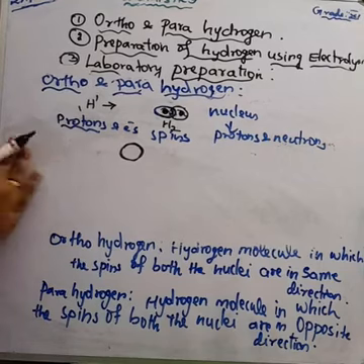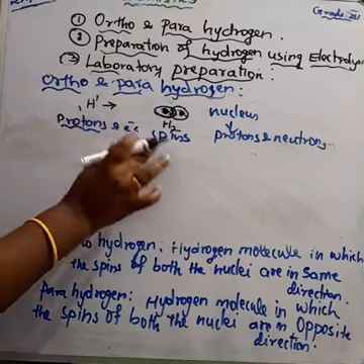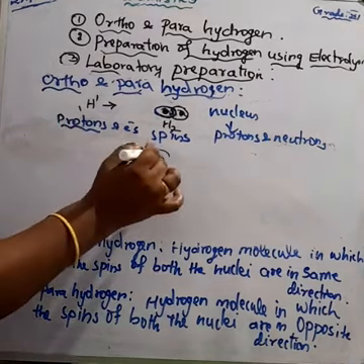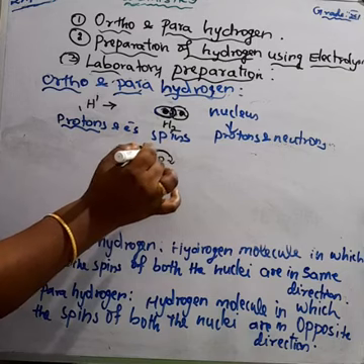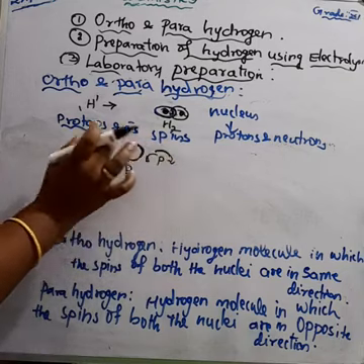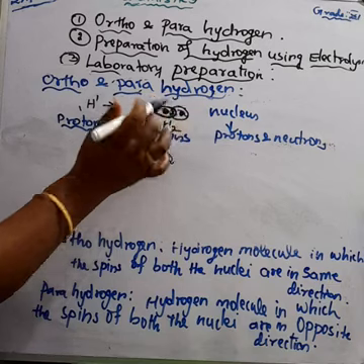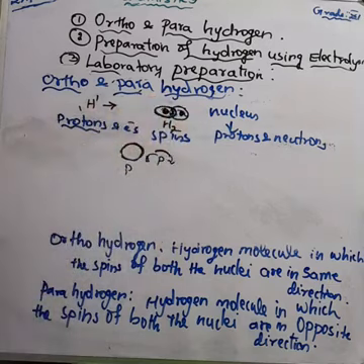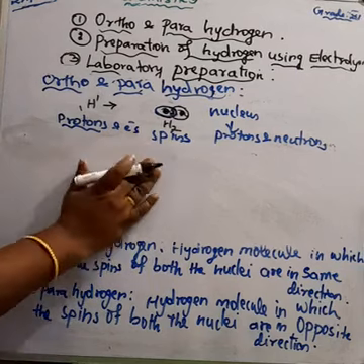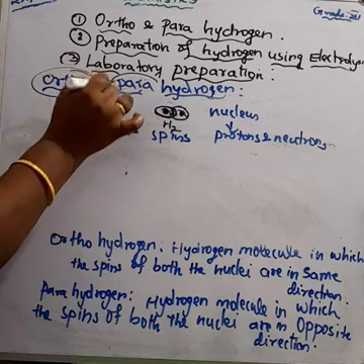The proton also rotates on its own axis. That is called the proton spinning. Both the proton and the electron spin about an axis like a top. Okay, clear? So here, what do you mean by ortho form of hydrogen and what do you mean by para form of hydrogen?